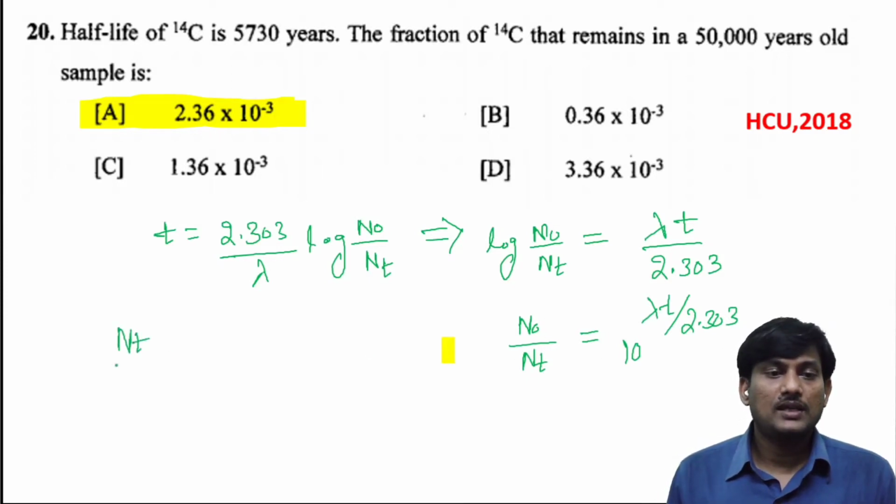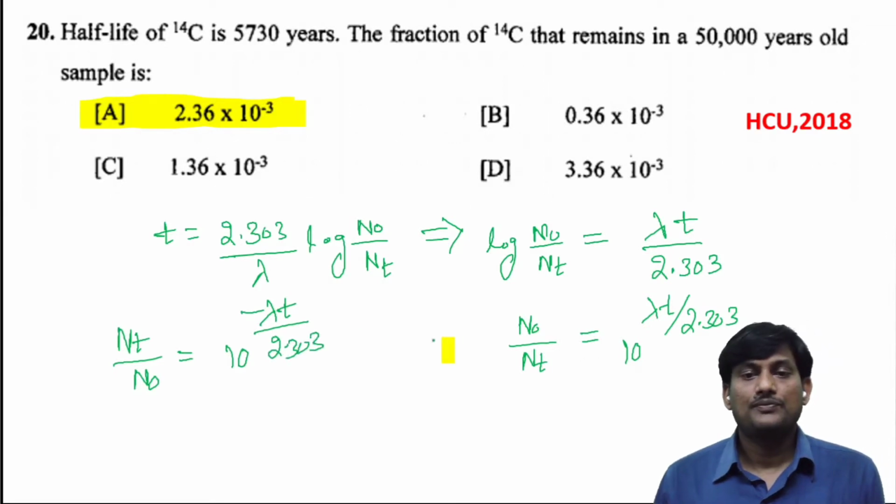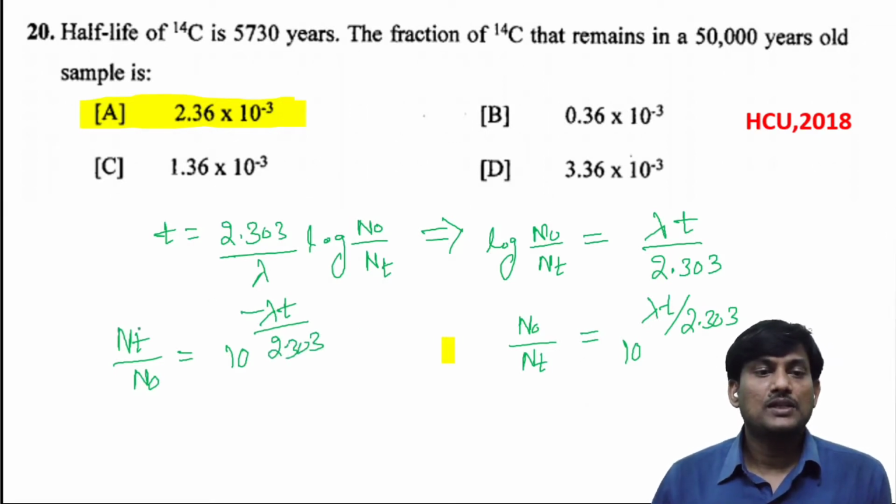So Nt by N naught will be equal to 10 to the power of minus lambda t by 2.303. This is the number of nuclei at time t and the initial number of nuclei. So this fraction will give the fraction of 14C that remains in 50,000 years.